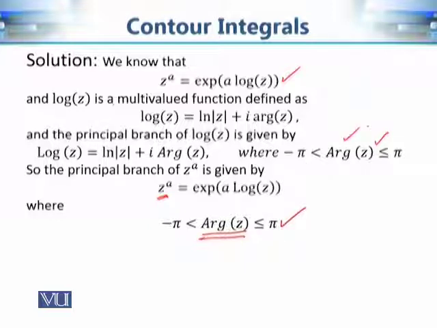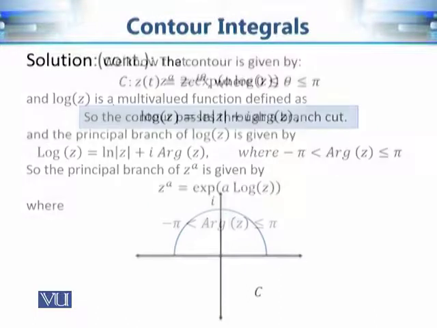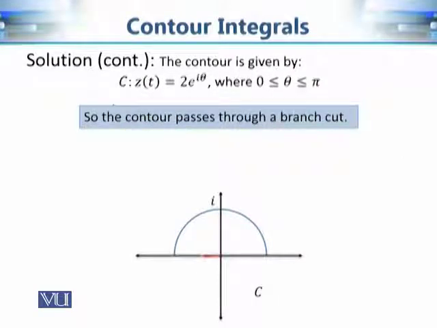So that's the kind of difficulty we are going to be dealing with when we want to evaluate this contour integral. Along the negative real axis we have a point of discontinuity, and of course this point, which is basically -2, is part of the contour.